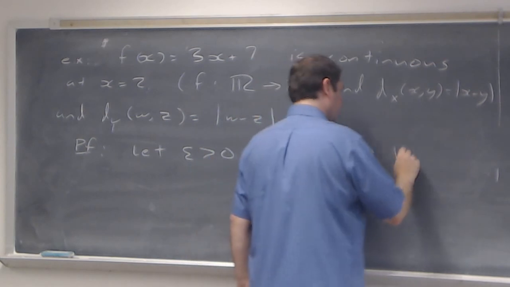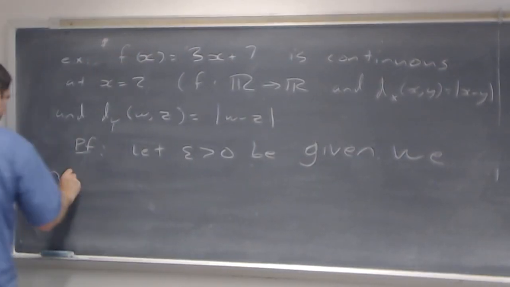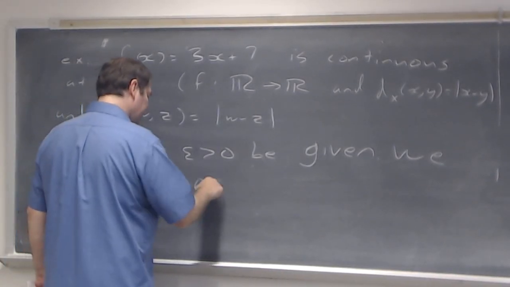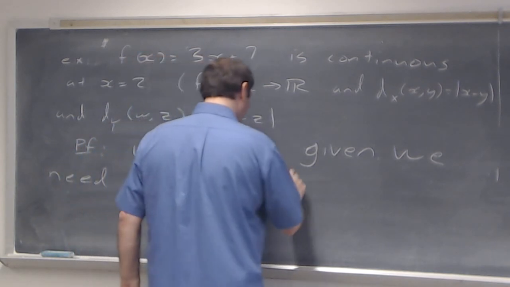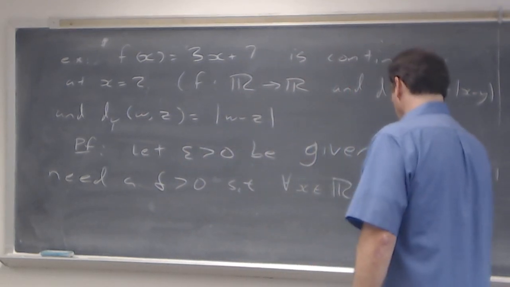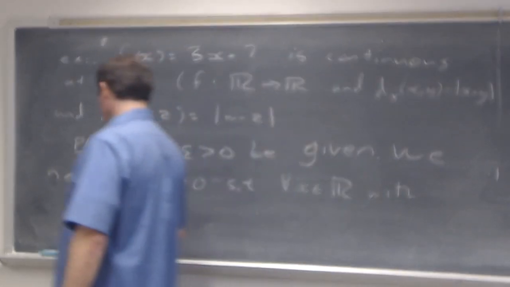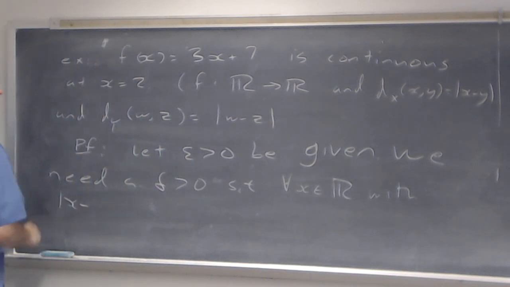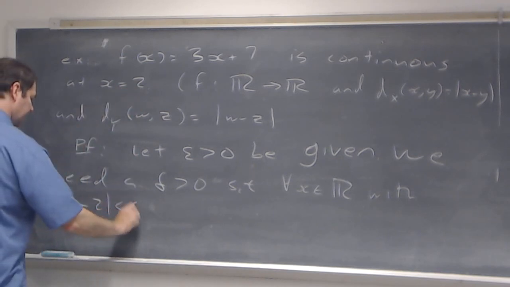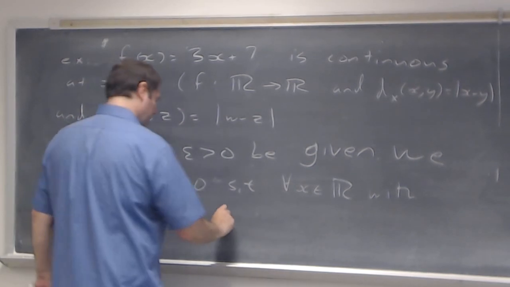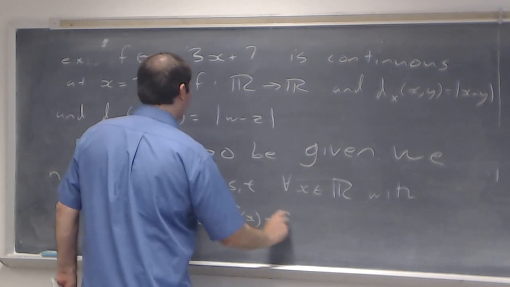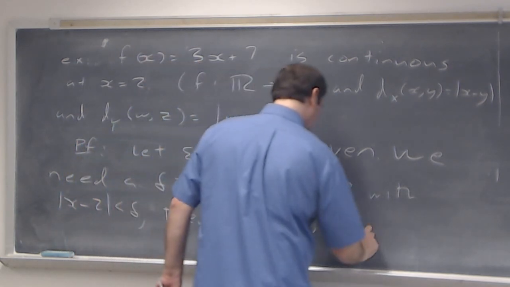What we're looking for is a delta, that's this distance, greater than 0 such that for all x in R with the absolute value of x minus p, and that p is 2, being less than delta, then that's going to force the distance between the output values, which are f of x minus f of 2, to be less than epsilon.